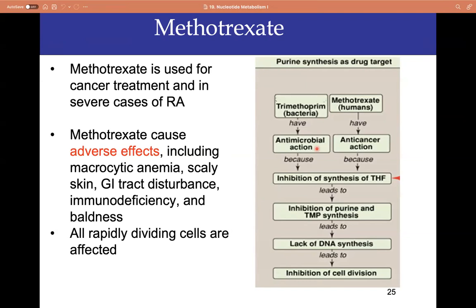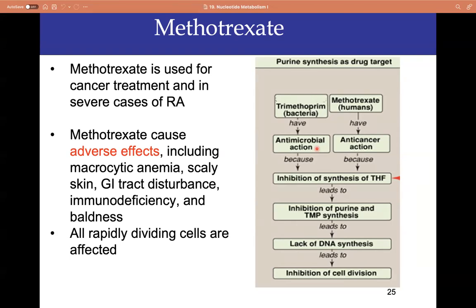So these cells include your skin cells, which are continuously reproducing, and the cells in your GI tract, which are also reproducing to replace the cells, because they're also rapidly dividing.